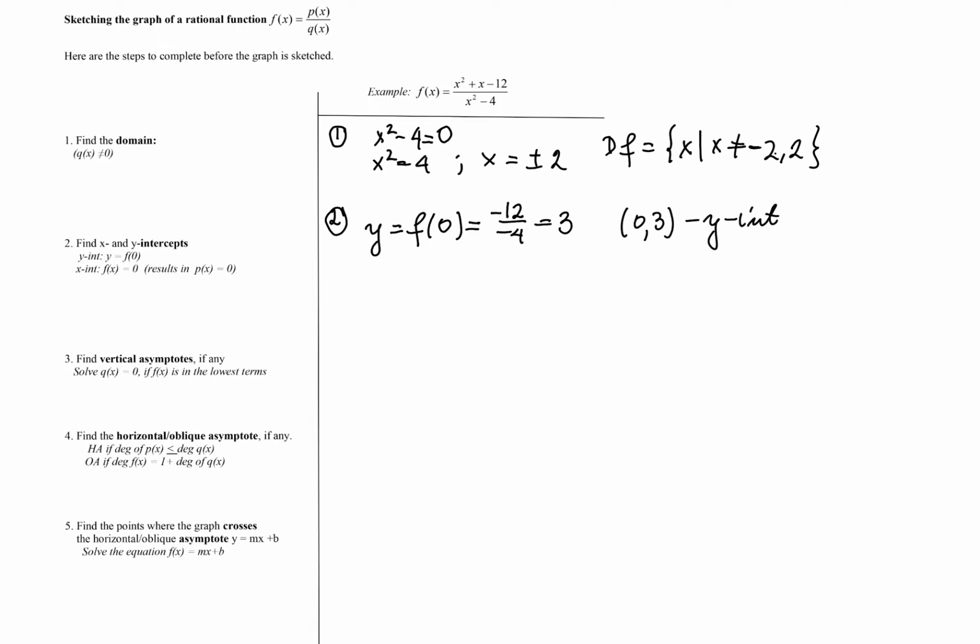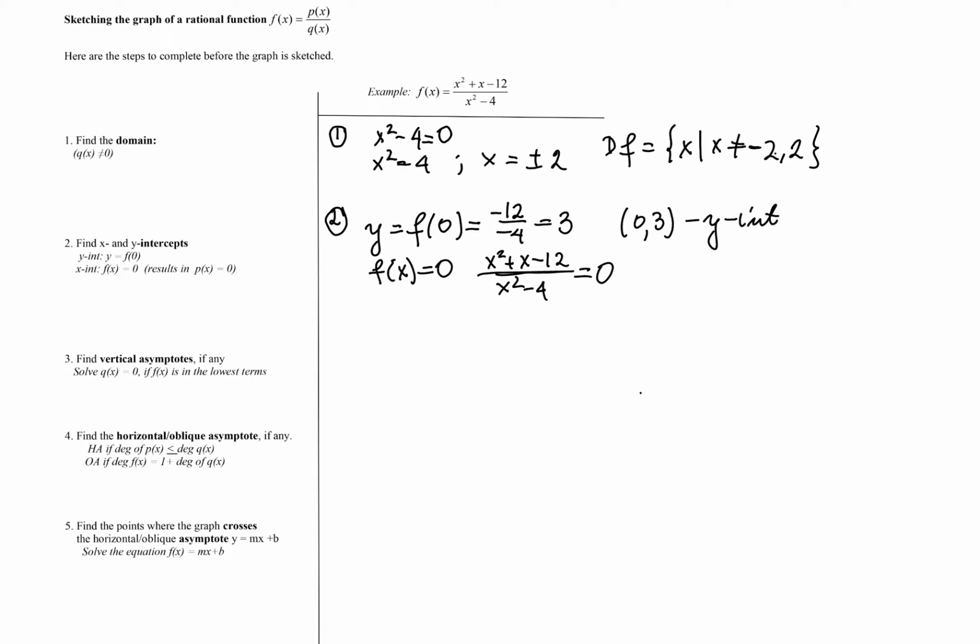As for x-intercepts, we need to solve the equation f of x equals 0. So in this case, it's going to be the equation (x squared plus x minus 12) over (x squared minus 4) equals 0.